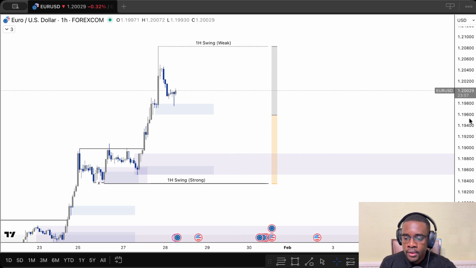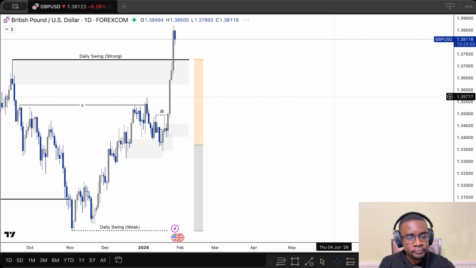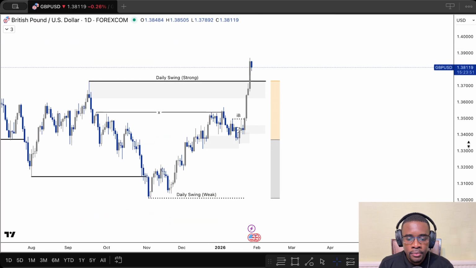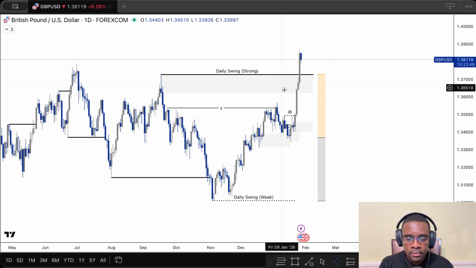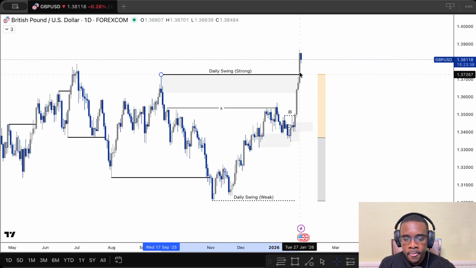All right, so that's it for the Euro USD. Let's look at the pound. For the pound, same thing as I was saying, we could be expecting this supply to fail and this strong swing high to be breached, and that's what has happened.